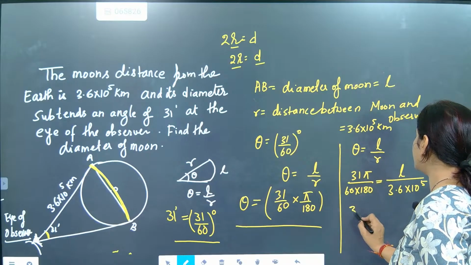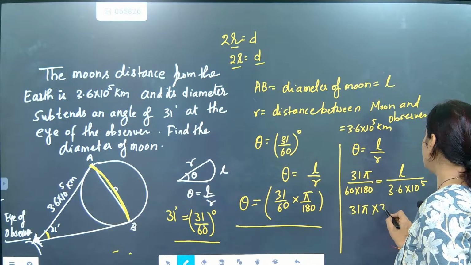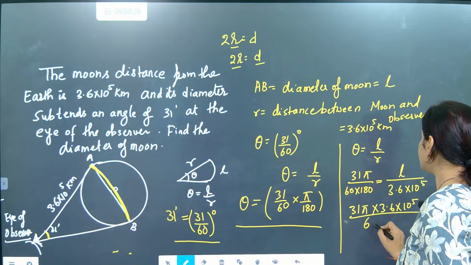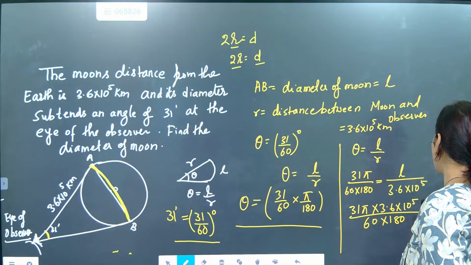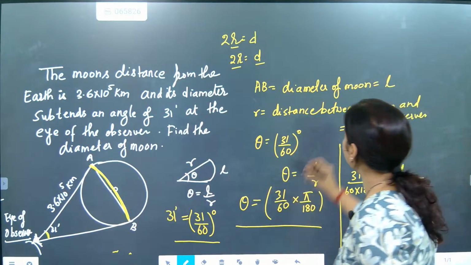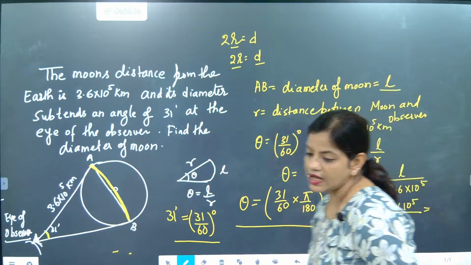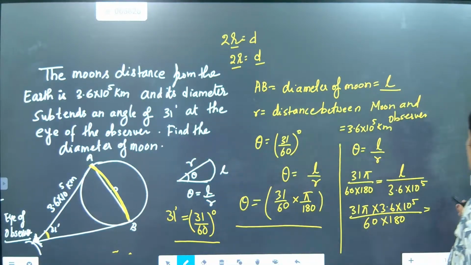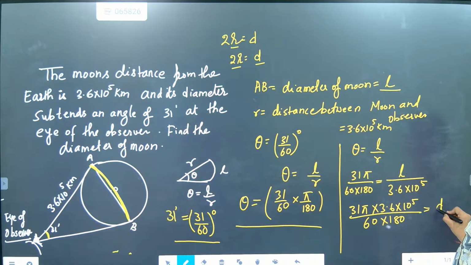You need to multiply 31 pi into 3.6 into 10 to the power 5 by 60 into 180, and that is coming as L. The arc length is the diameter. Just multiply it and solve it.